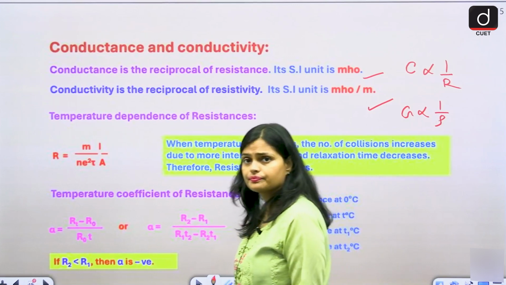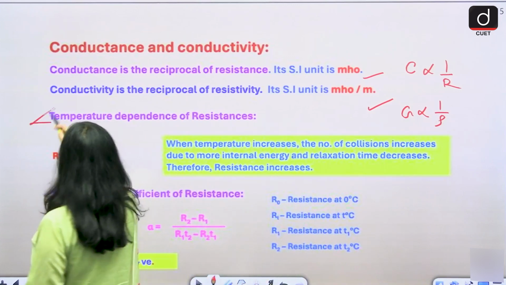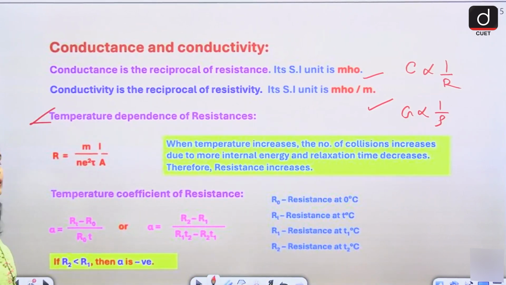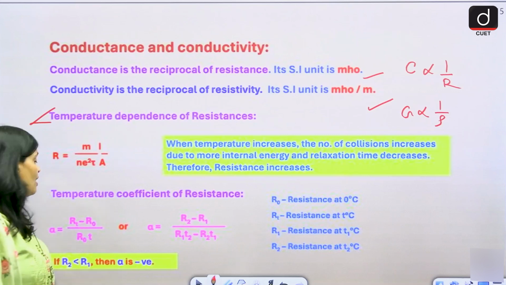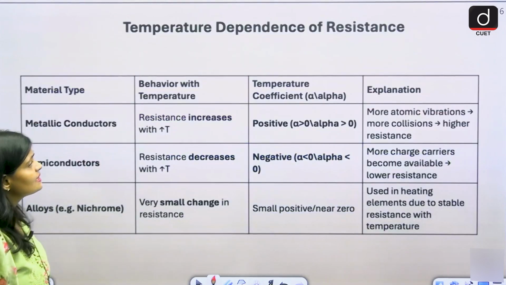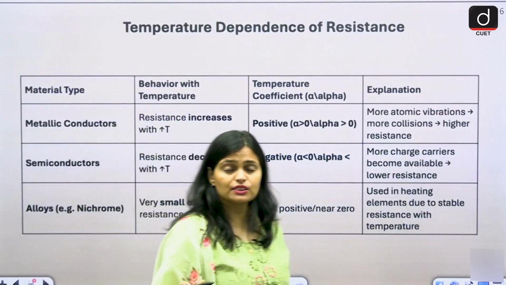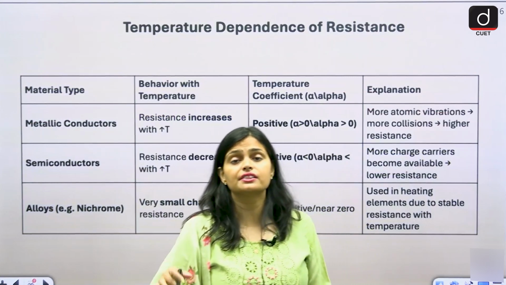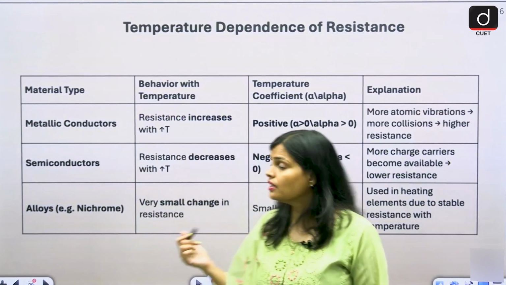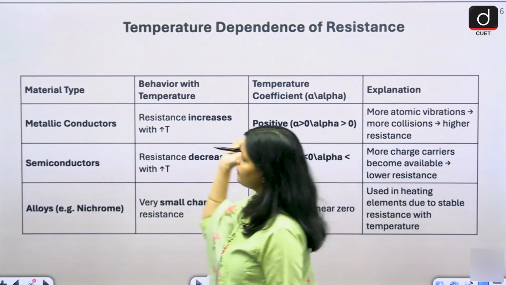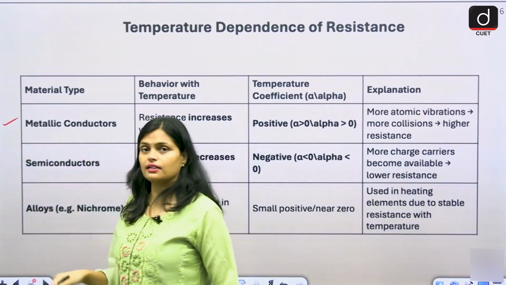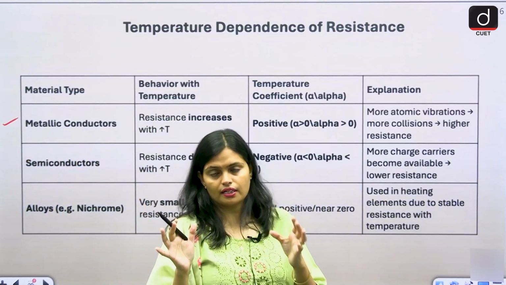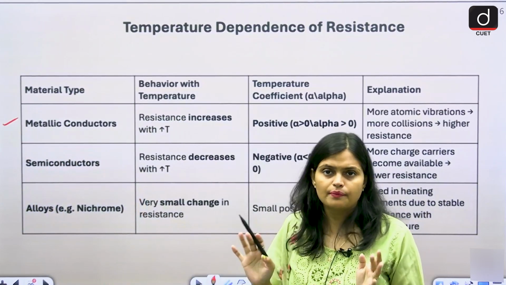Okay. Now let us understand the temperature dependency of resistance. How the resistance depends upon the temperature, or how the temperature affects the resistance. Okay. Now suppose we have a material like a metallic conductor. Now we have a conductor which is made up of metals.